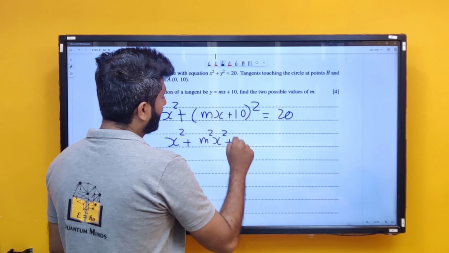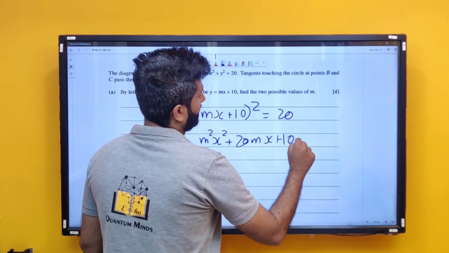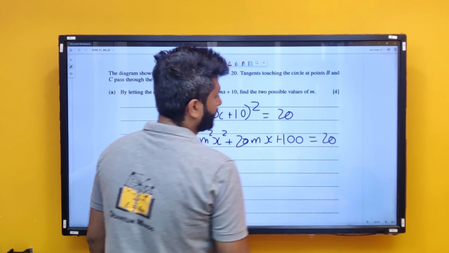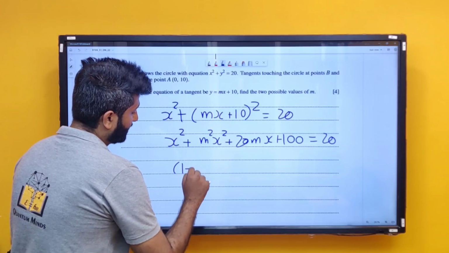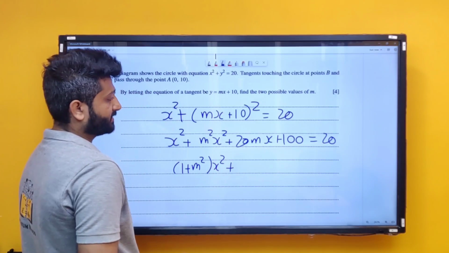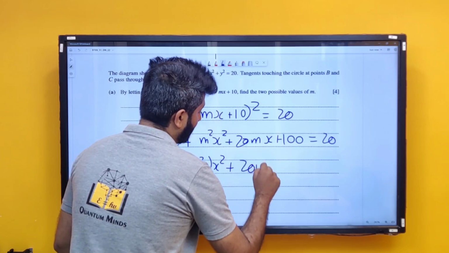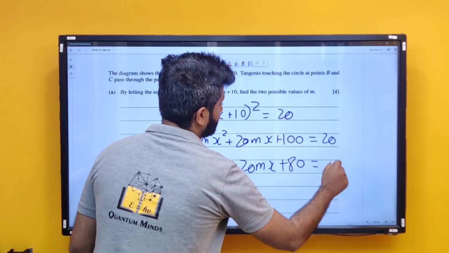So 10 into 2, 20, so 20mx plus 100 equals 20. If I bring everything to the left-hand side, I have (1 plus m squared) x squared plus 20mx plus 80 equals 0.